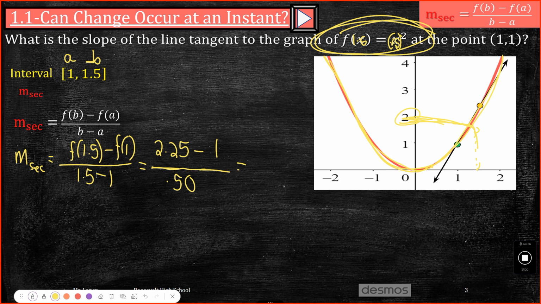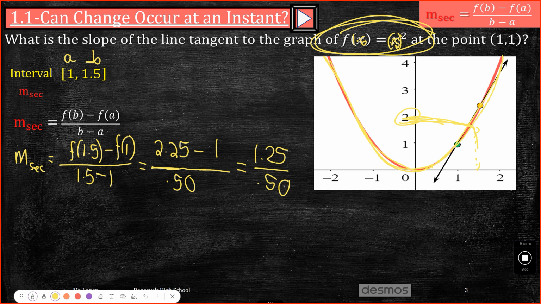I think it's 1.25. And so go ahead and get your calculators and do 1.25 divided by 0.5. What's 1.25 divided by 0.5? You said 2.5, is it 2.5?